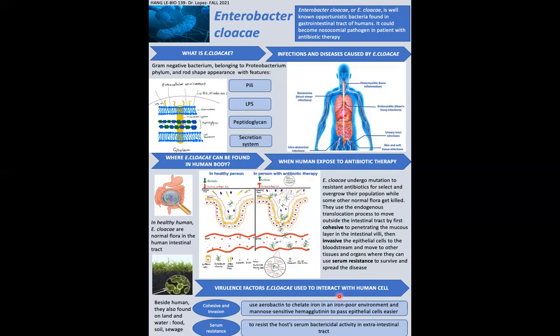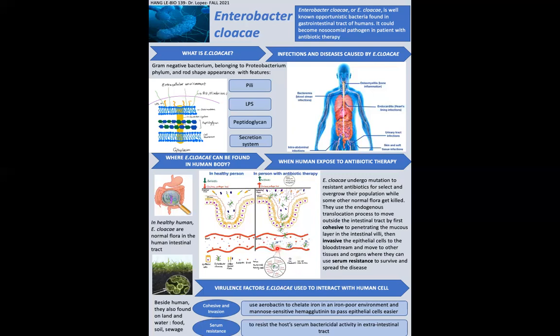So the virulence factors that the bacteria use to interact with human cells are, first, adhesion, second, invasion, and finally, serum resistance. For adhesion and invasion, they use them together to move out of the intestinal tract, using aerobactin for sharing iron in the iron-poor environment. You see how the bacteria share iron.